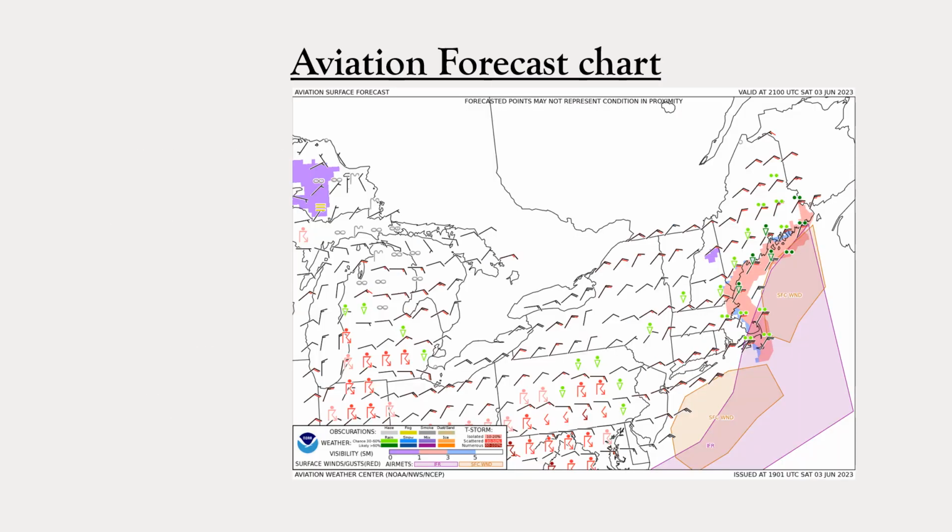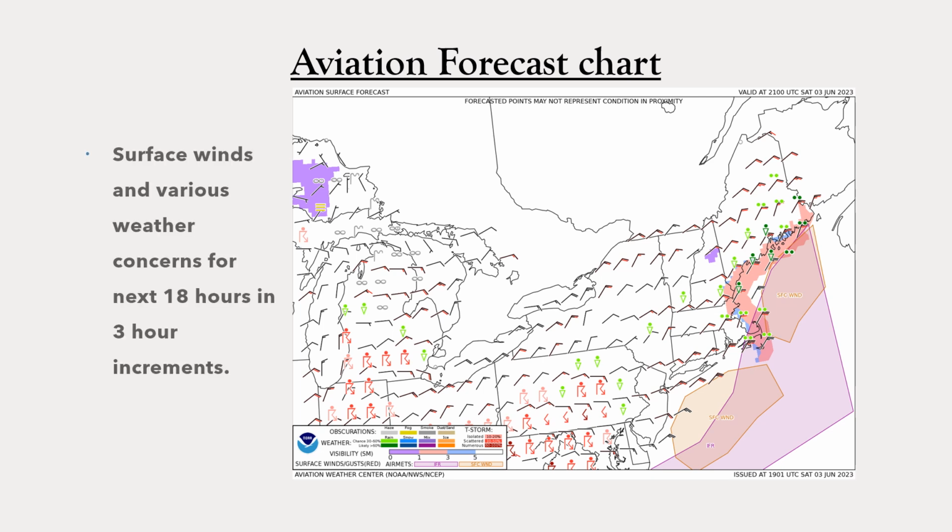There's a chart on the aviation weather website called the Aviation Forecast Chart, which is a configurable chart. You can configure it to show different pieces of information. If you tried to show everything, it would be too packed and you wouldn't be able to figure out what's what.